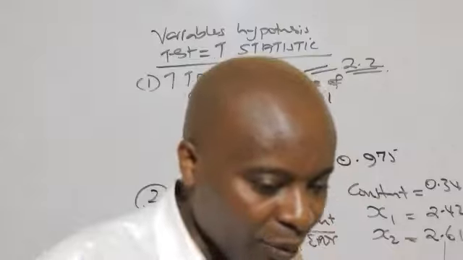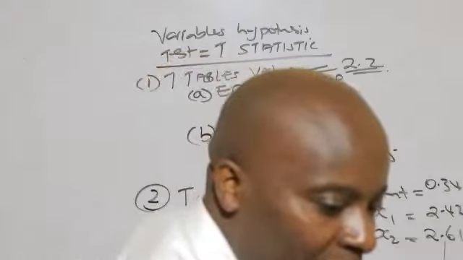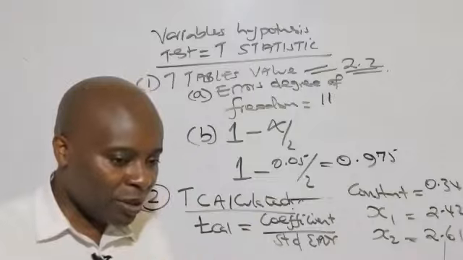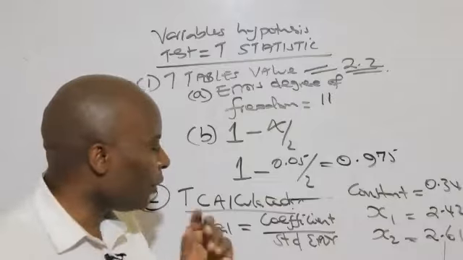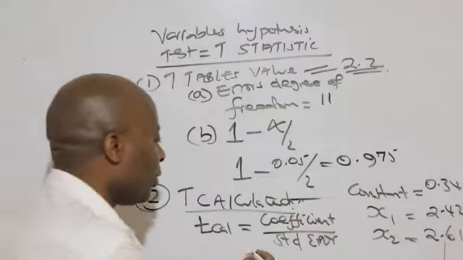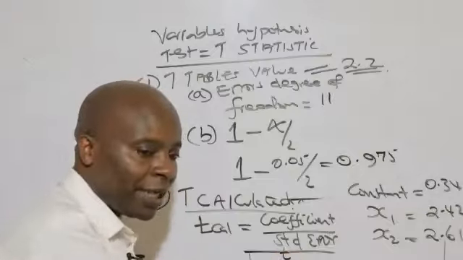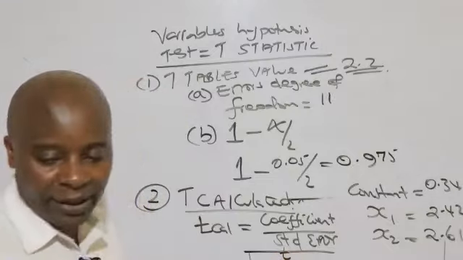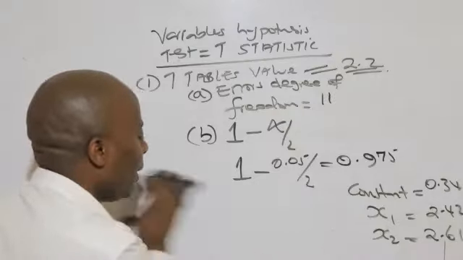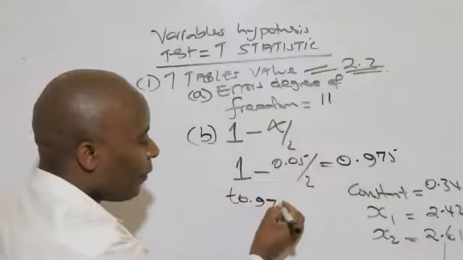In the T table. So Josephine wants us to repeat how to get this figure on the T table. Josephine, I want to believe that you have the T table with you there. If you have this table with you, you will always be guided. You'll always have 2 columns there. We have one column up there written T.9 something, where you are able to see a column title of T.975.